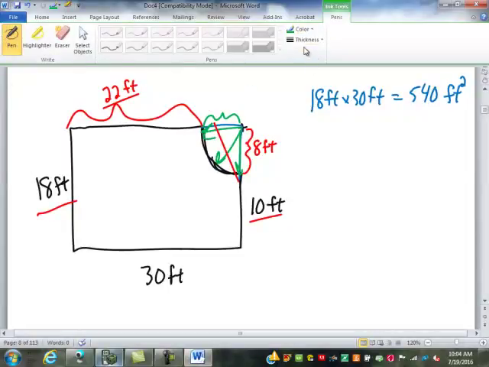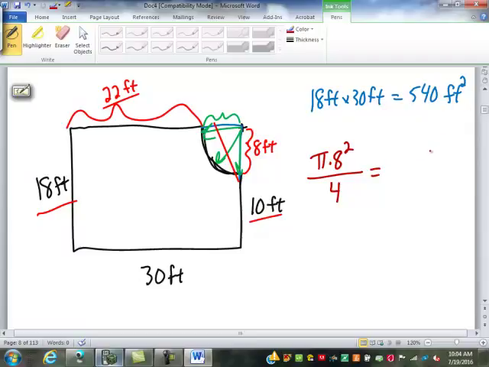So anyway, to find that area we're going to subtract out there, it's going to be pi times 8 squared, but divided by 4, because it's 1/4 of a circle.